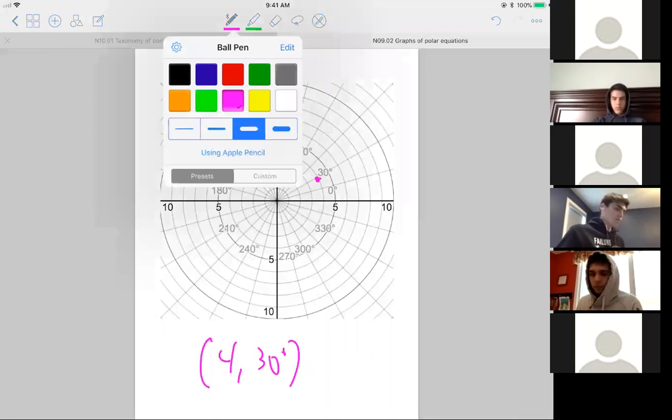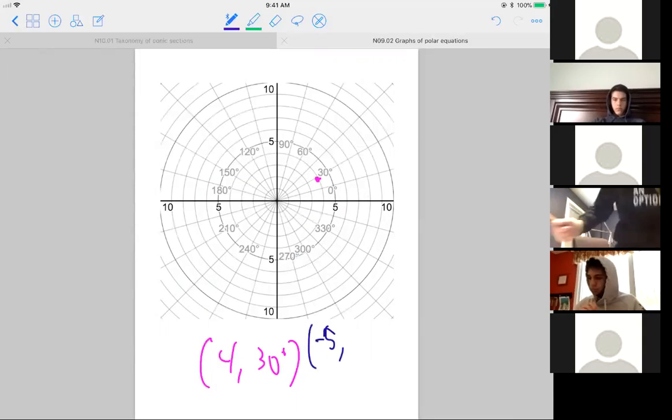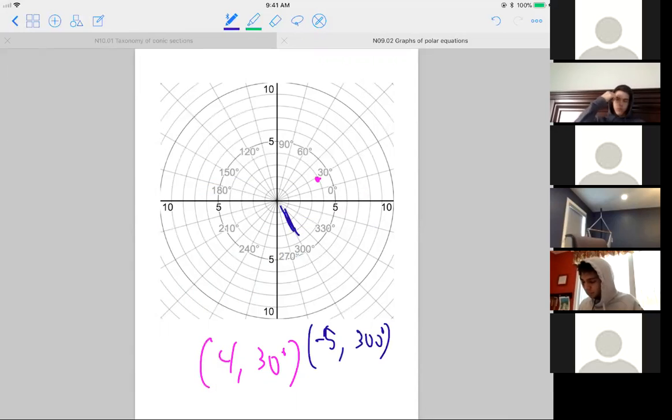And if you did 5 or -5, 300, it meant go to the 300 line, but go 5 units the other way. So 300 is 30 over, so 30 over here. So we're talking about that point.